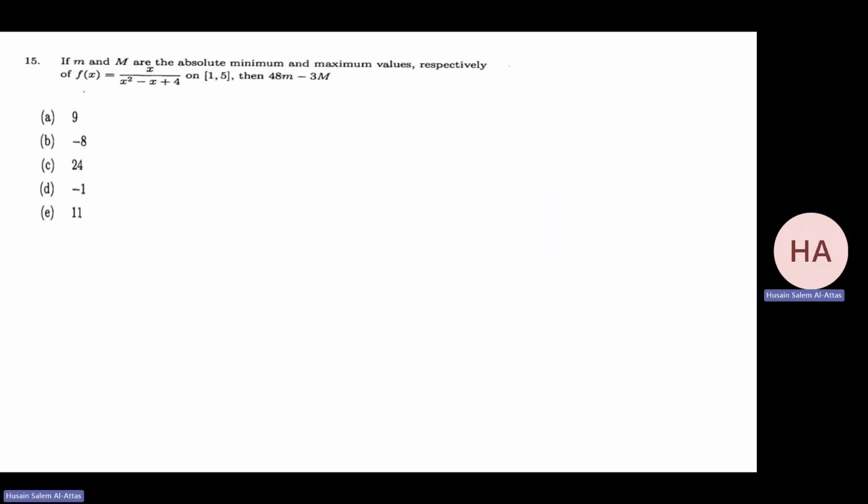If small m and capital M are the absolute minimum and absolute maximum of this function, the function is continuous on this interval. Why is that?